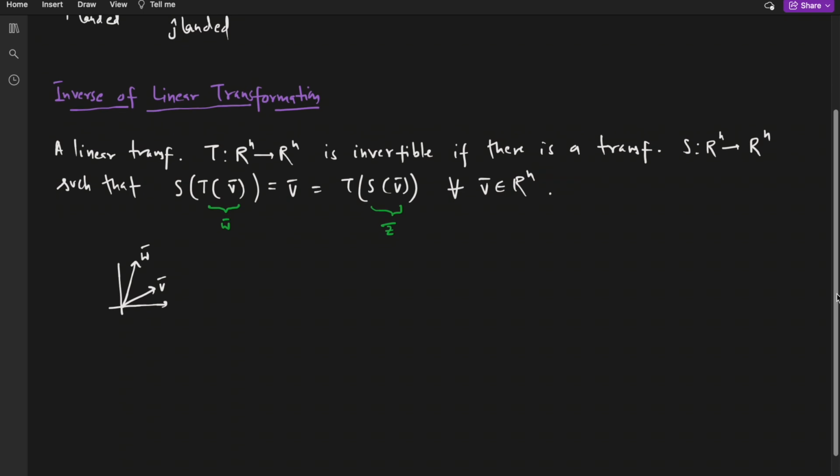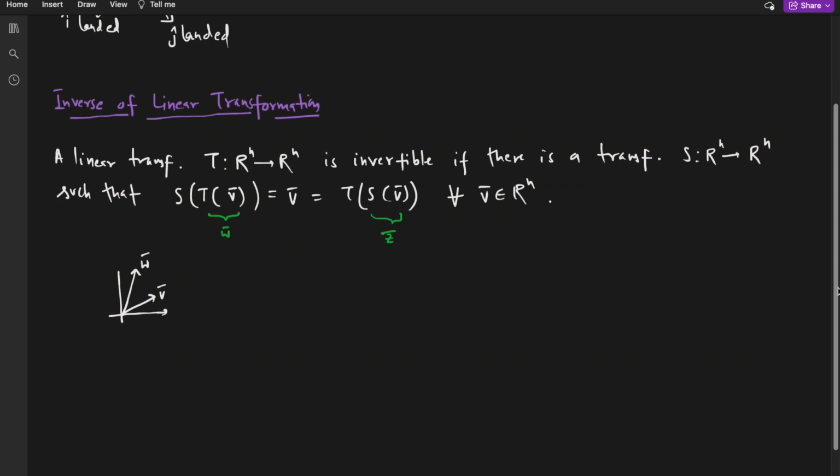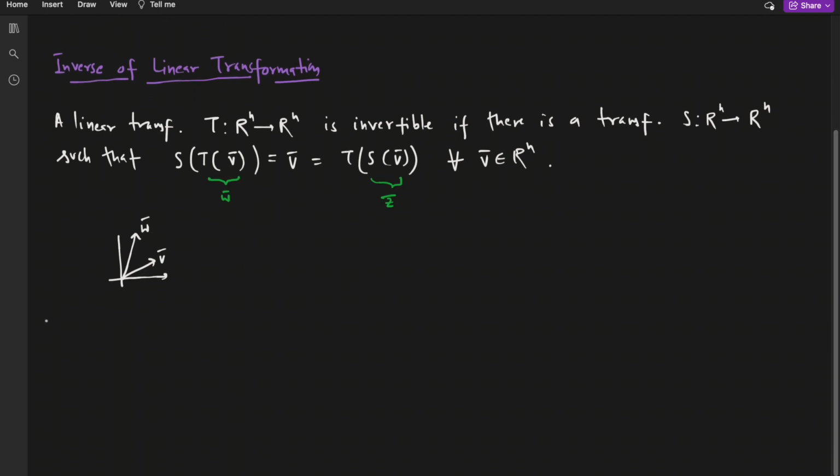There is one more thing which is important in the inverse: a transformation can only be invertible if and only if the transformation is one to one, right? This is a very important point.